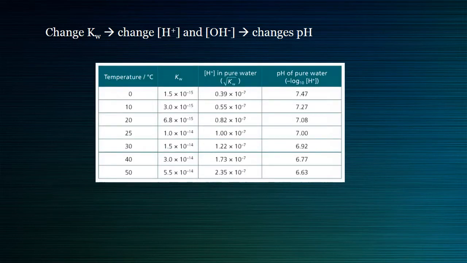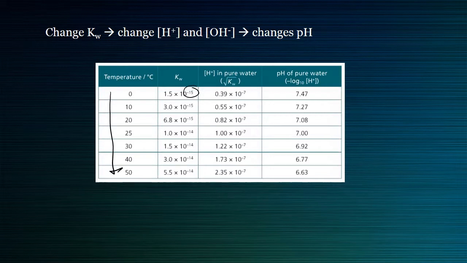So here's a series of calculations looking at the change in temperature. We can start with 0 and go up to 50 degrees Celsius. And so you can see how the K value changes, because we said decreasing temperature favors your reactants, which means your Kw decreases.